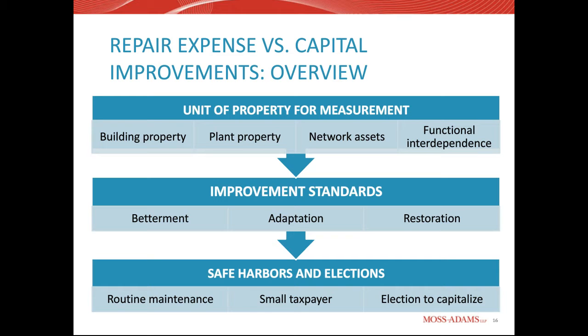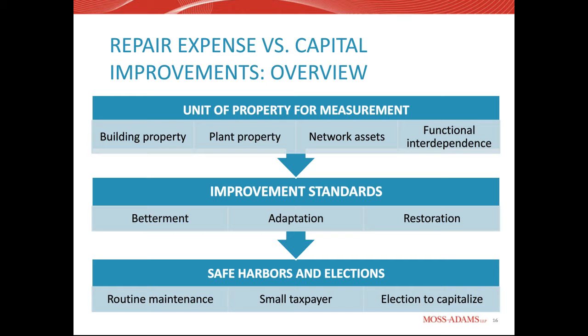And then there's a couple other safe harbors and elections, which I won't really get into, but a number of taxpayers could essentially avoid compliance by falling within the small taxpayer safe harbor. I shouldn't say avoid compliance. They could comply by falling into the safe harbor, and they didn't have to go through the whole accounting method change and all the other requirements for tangible property regs. So there's a couple of safe harbors here, but as I mentioned, I won't spend too much time talking about those.